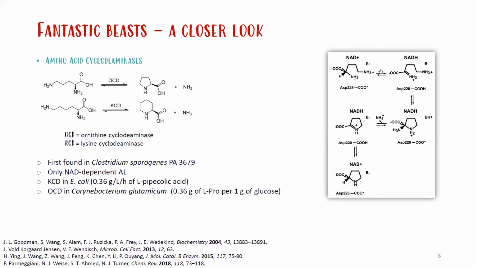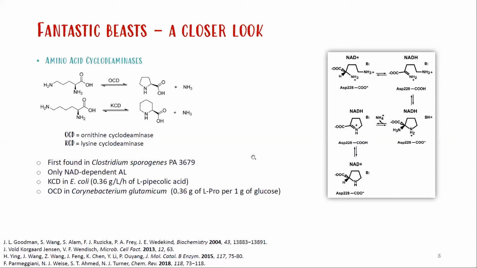And it looks, if we take a look at the individual steps, it really looks as if this enzyme is more suited to be classified as an oxidoreductase, but the net reaction is redox neutral because we get oxidation and then again reduction, and we have recovery of the NAD, and also within the process loss of ammonia. So again, that is why it is classified as an ammonia lyase as well.